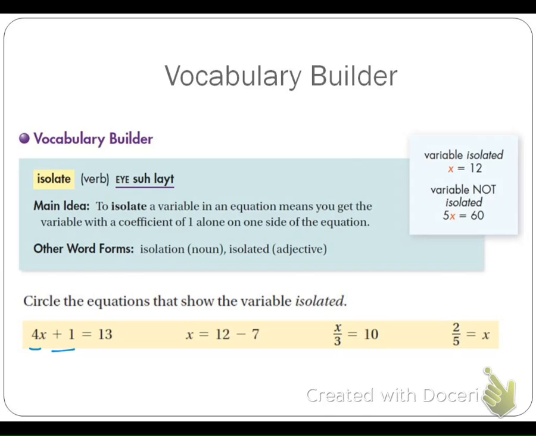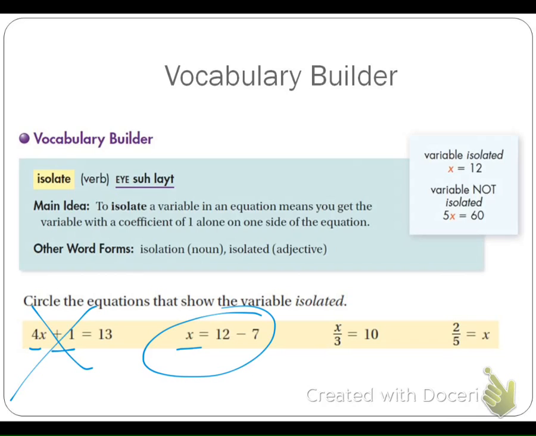So our variable is not all by itself, therefore it's not isolated. In the second equation, x is equal to 12 minus 7. If you look where the variable is, on the left-hand side of the equation, there's nothing else with it. It may have the coefficient of 1, but that's fine. The variable is considered isolated because it's on one side of the equation all by itself.